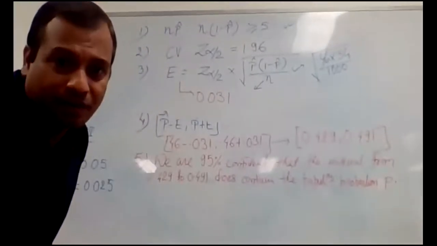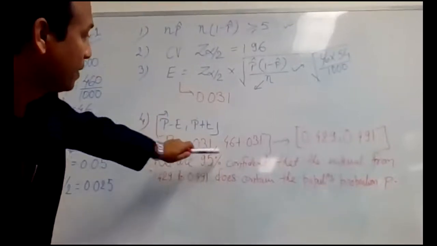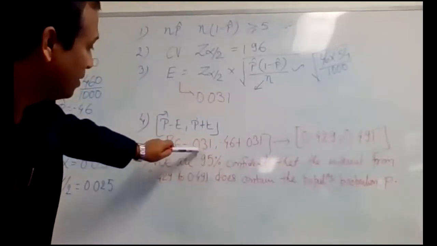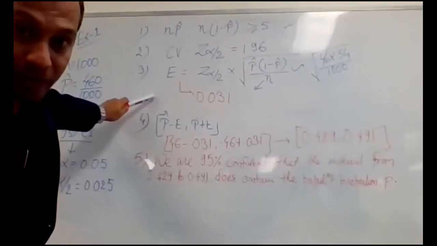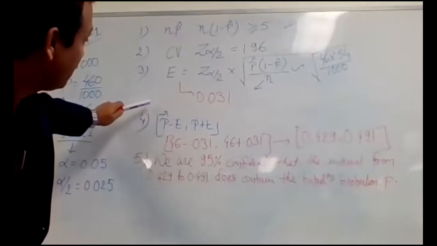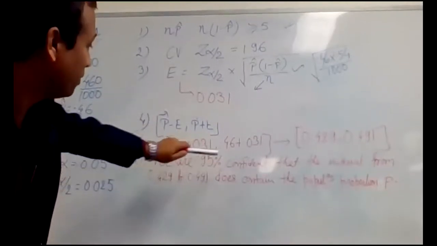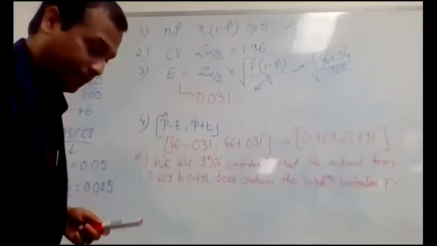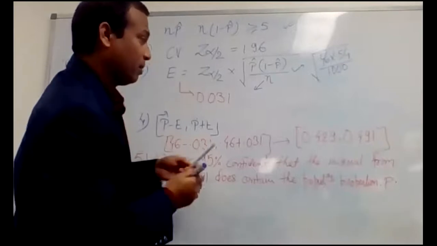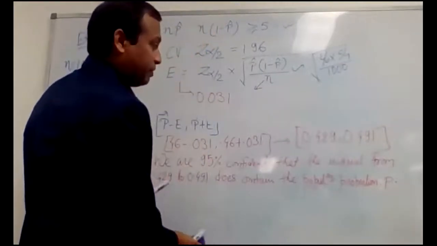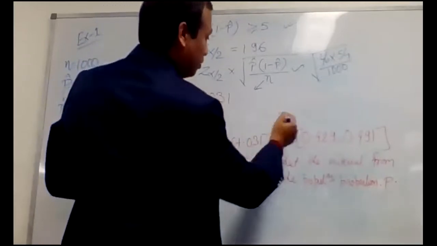It's 0.46 minus 0.031 and plus 0.031. Which step is not clear for you? It's 0.46 plus and minus 0.031. Okay, this step. You are not able to see this range.